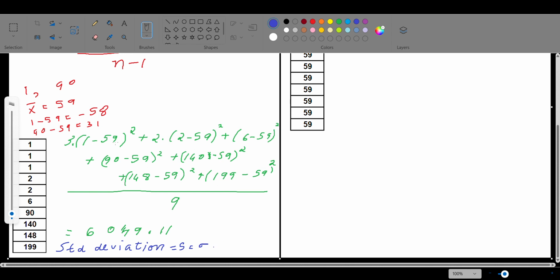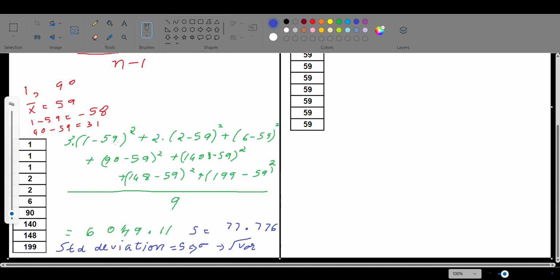I'm just going to write it here this way, but remember S is not equal to sigma, okay? Which is the root of the variance. And in this case, S is equal to 77.776 approximately. So now what you'll notice is that 77.776 now makes more sense.